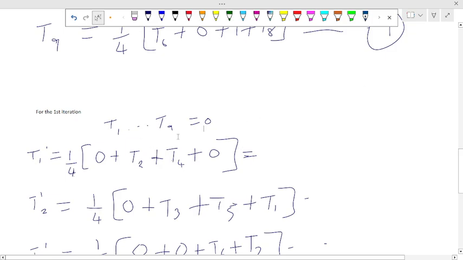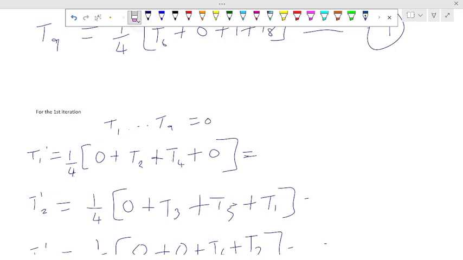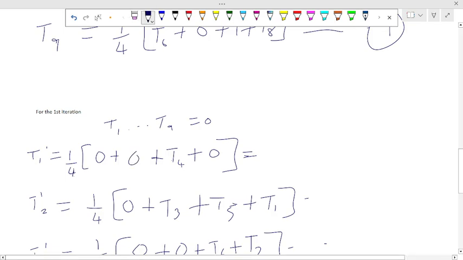So that means what we have here is 0. T4 is also 0 because it's the first iteration. So 0 plus 0 plus 0 plus 0 multiplied by 1/4 equals 0. That's the first iteration for T1.